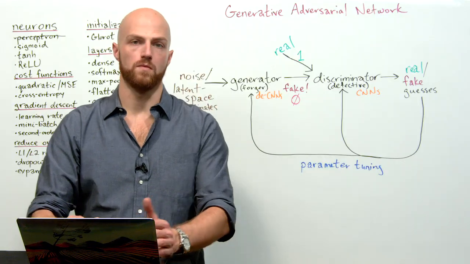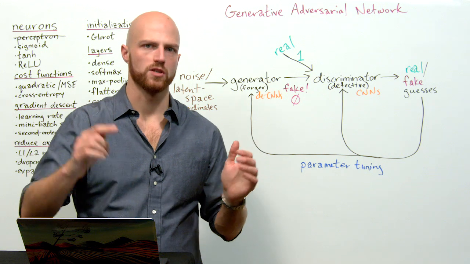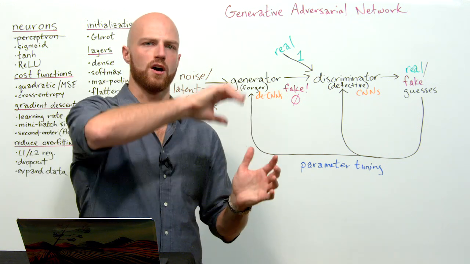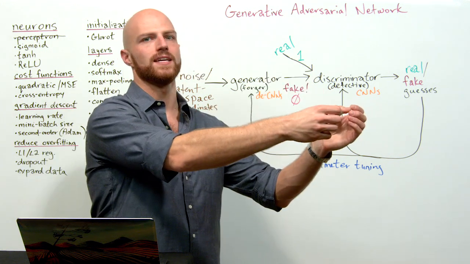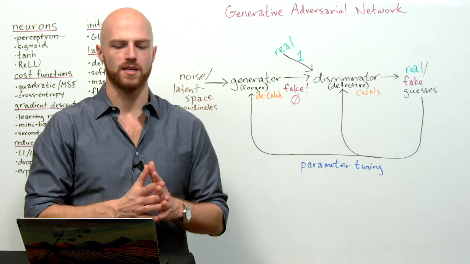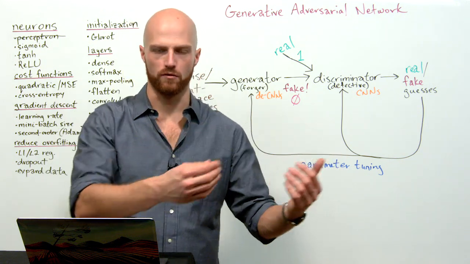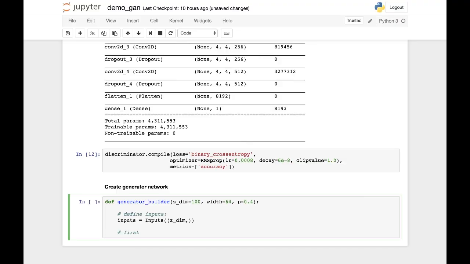The way that we might typically build a convolutional network is that it starts with an image and then has convolutional layers culminating in a dense layer. So this generator is kind of the inverse. It's going to start with a dense layer and then turn into deconvolutional layers. So we're going to start with this first dense layer.